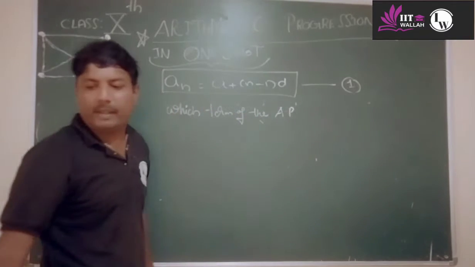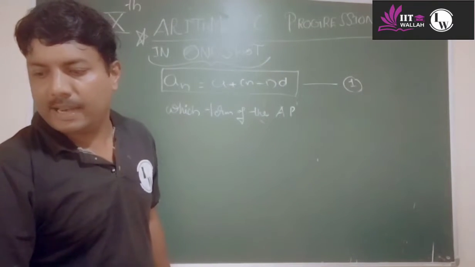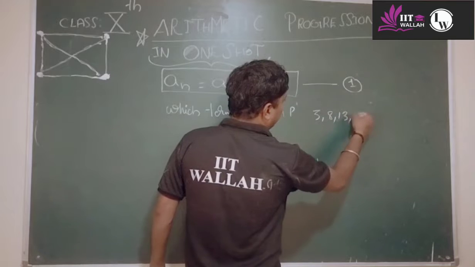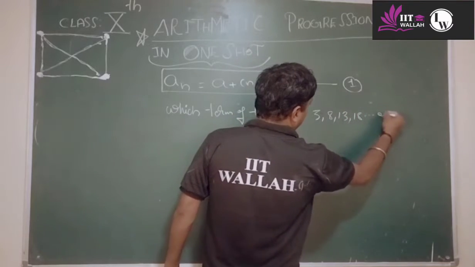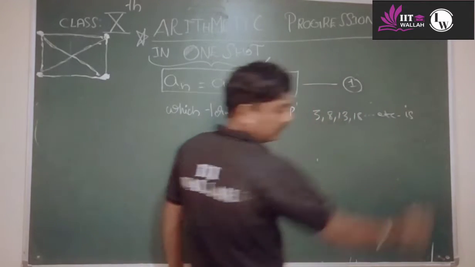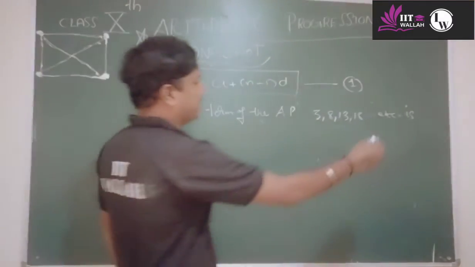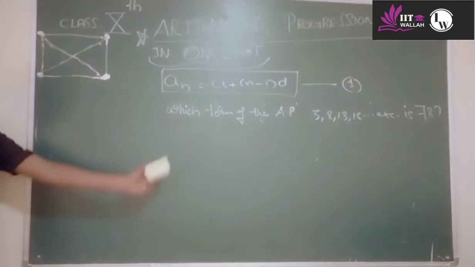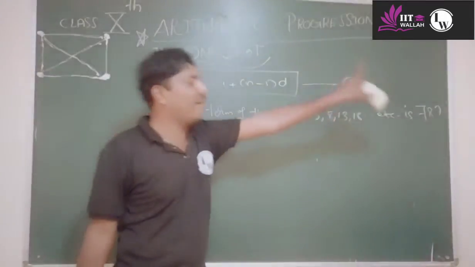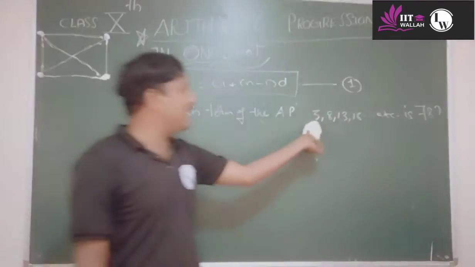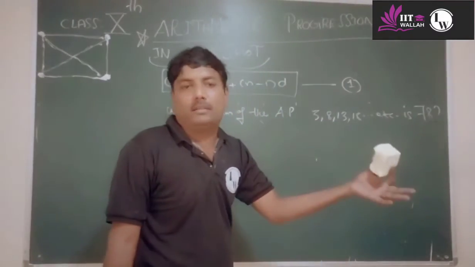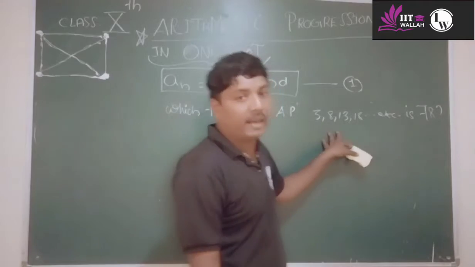The given AP is 3, 8, 13, 18, etc. is 78. So what they are asking? They are asking which term of this AP is 78. We don't know. 78 is coming in this AP somewhere. We don't know what is n. So here we want to find n.